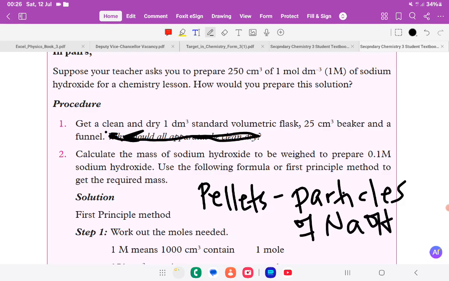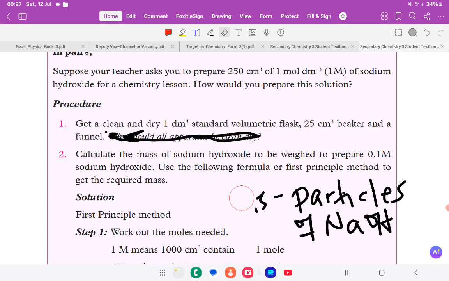So you will need to weigh the right amount using a beam balance, but preferably it is important to use the digital balance.